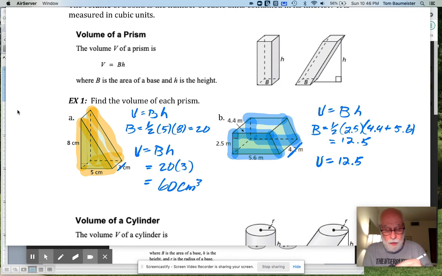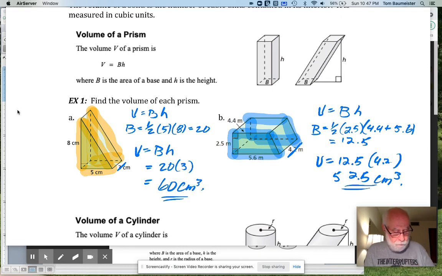It wasn't the H for the other one. It's not the 2.5. It's the one in between the two parallel figures. So that would be 4.2, and when you work that out, you'll get 52.5, cubic centimeters.